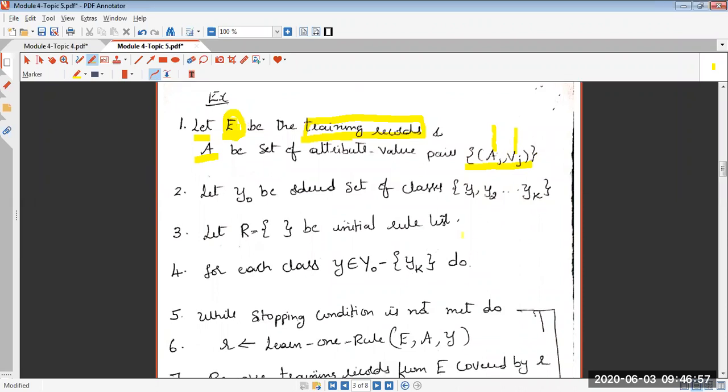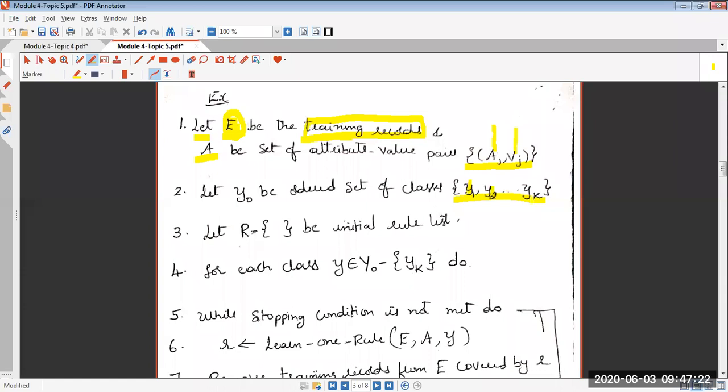Now, go to the second step of the algorithm. In the second step, you can see the classes. From the beginning of this module, we are saying it is not like one or two classes. There can be many classes. So that is what the author has specified: let the classes be y1, y2, y3, y4 up to yk.